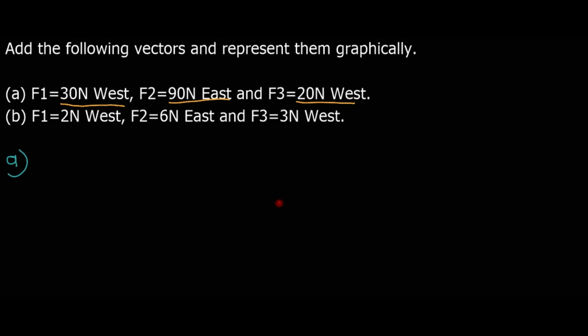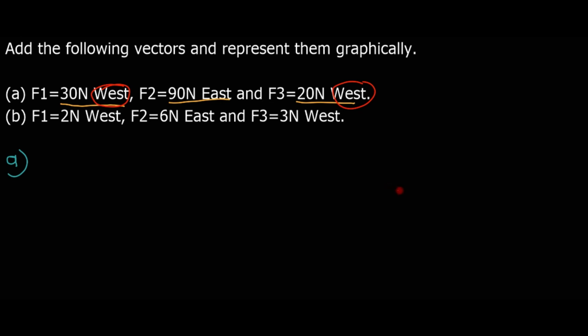And then now we will represent these vectors graphically. The important thing is that when you have three vectors, start with the ones in one direction first, and then follow with the one in the opposite direction. In this case we have west and west, so we will start with these two forces first, but we will apply the same thing, the tail to head method.